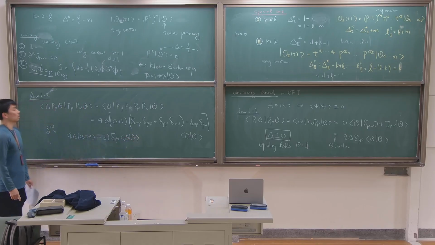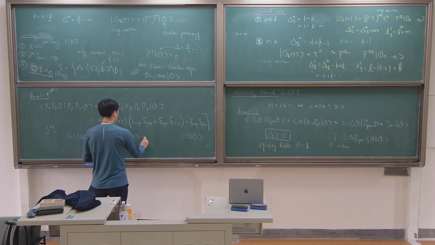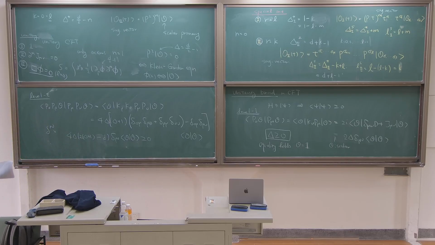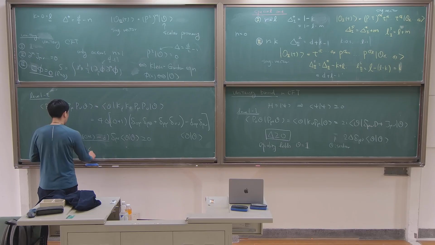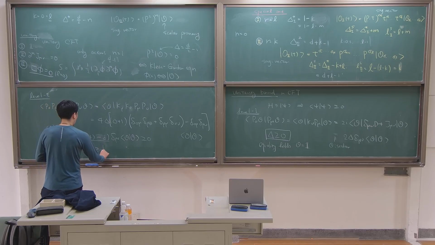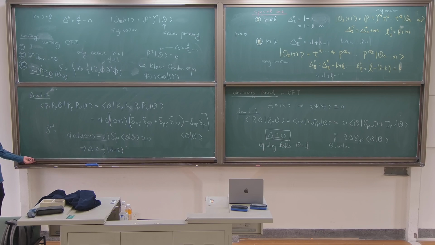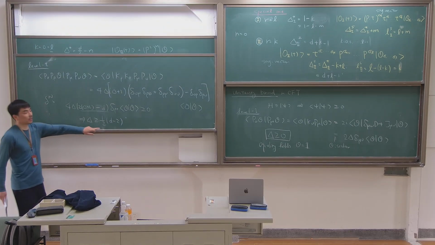This has to be non-negative. So this means that delta is greater than or equal to 1/2 of d minus 2. So from level 2, one can get a more strict condition than level 1.